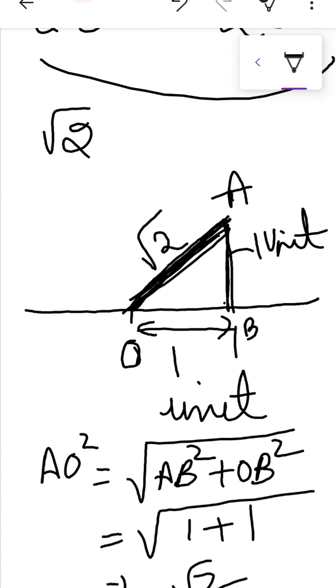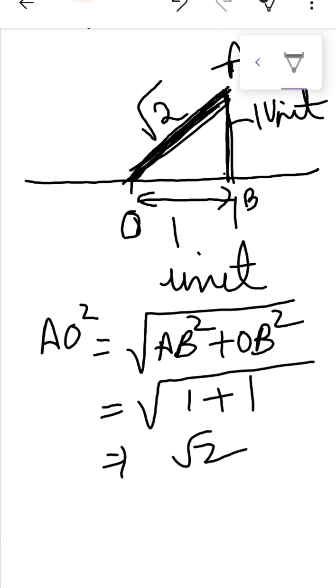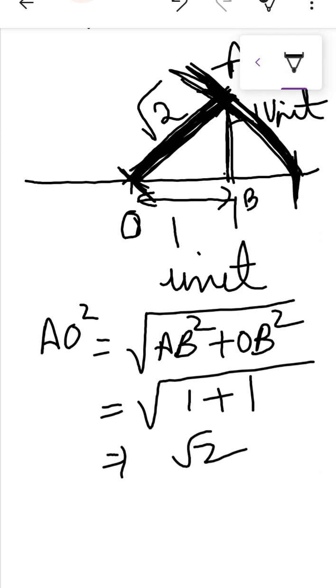But we have to plot this root 2 on the number line, right? So what will we do? We have to mark an arc from here. Take this one as a radius and mark it. So it will be like this, an arc. So definitely this will be root 2.